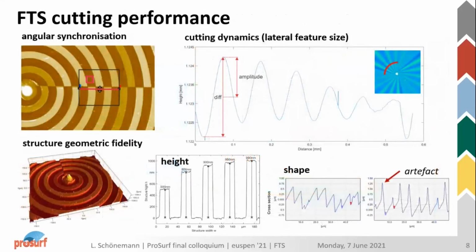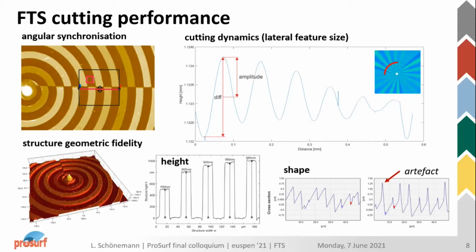So last but not least, if you've set up the tool and are ready to cut, there are a couple of performance factors that you need to consider, especially when machining very small and definite features in the machining process.